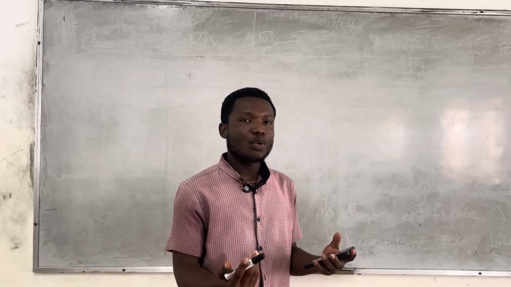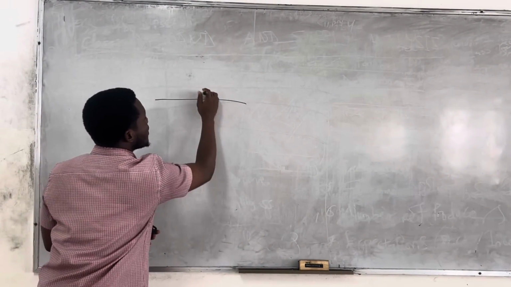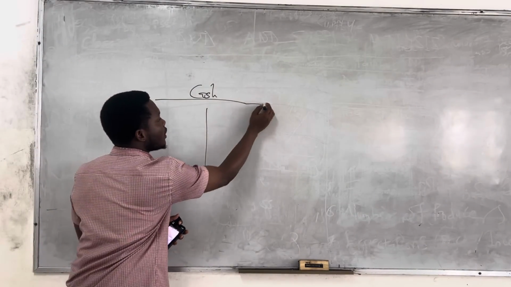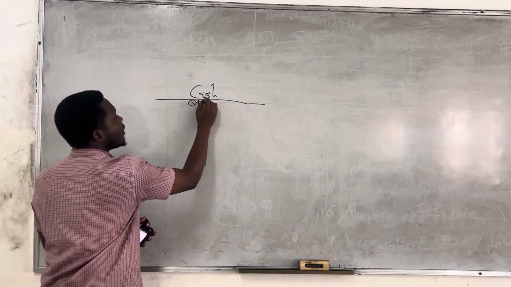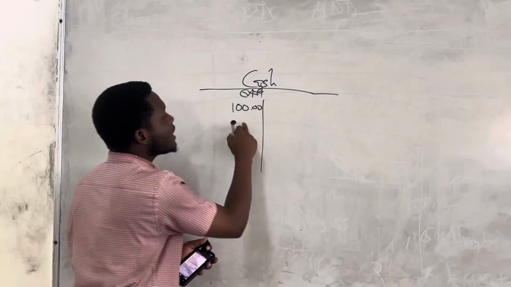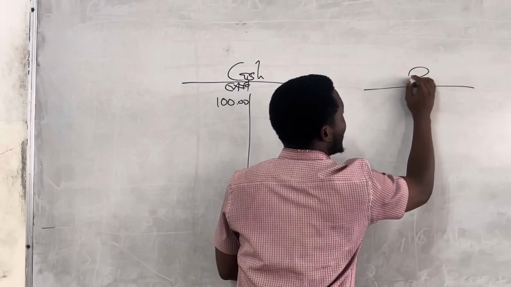So for example, you may think that you have 100 cedis in your cash book. So you are expecting this 100 cedis to be in your bank account.